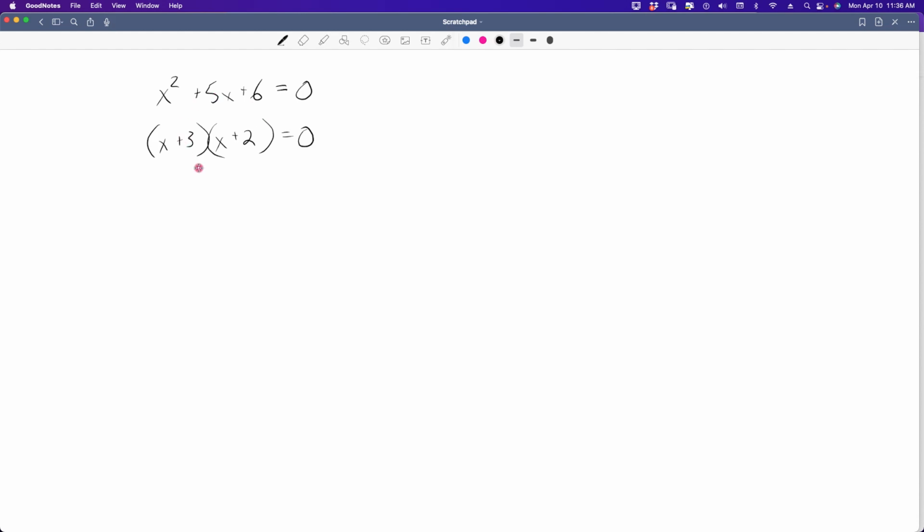So I can check that, make sure my factoring is right. I can see if that's a factor that works, right? I know it works because I factored the whole thing, but what if I didn't have the other factor? What if I was just given one of these? How would I check that? What if I was given x squared plus 5x plus 6 divided by x plus 3?